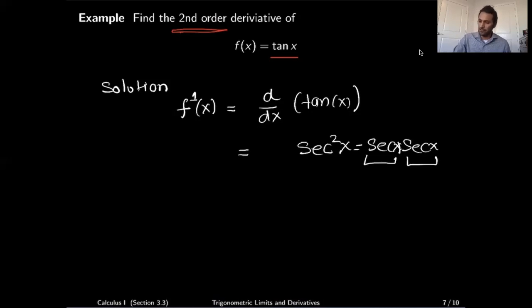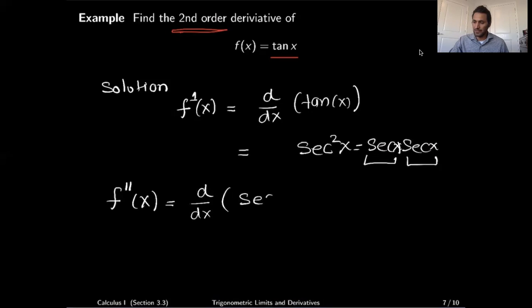So now I want to compute one more order derivative of that function, the second order derivative of the function. Second order derivative is the one more derivative of the first order. So it will be the dy by dx of this function, secant x times secant x. So since this is the product of two functions, I will use the product rule.